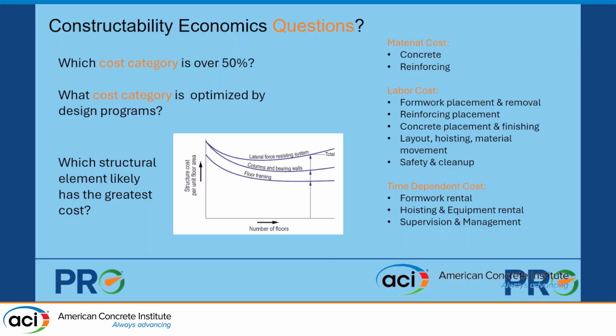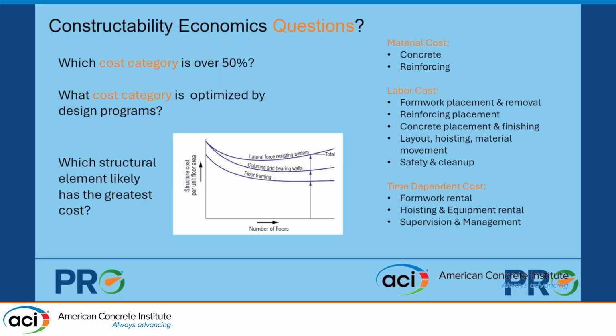And it illustrates how the element cost will reduce over the number of reuses or number of floors, until it reaches a level where, as the project starts to elevate in size, the floor framing costs will level out, while the columns, the wall bearing, and the lateral force systems start to increase in their proportion of total cost.